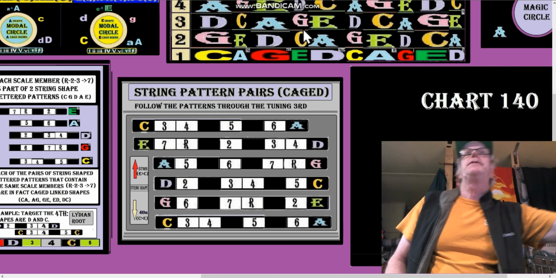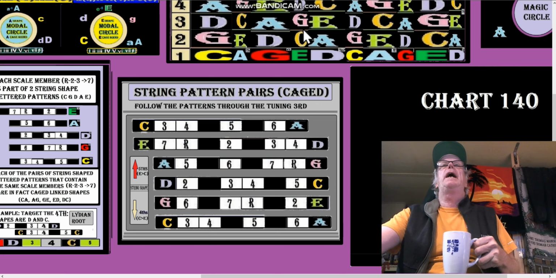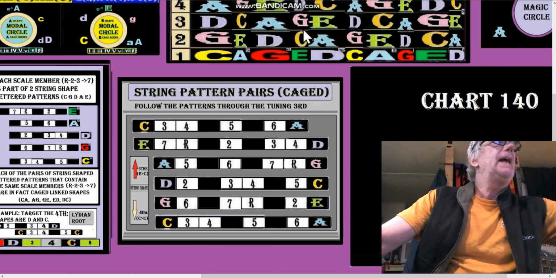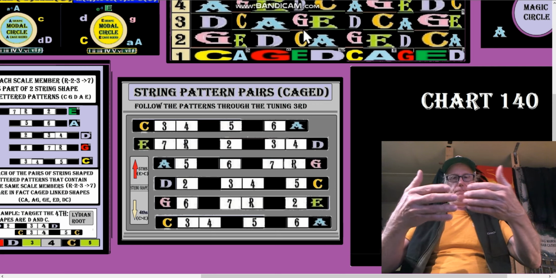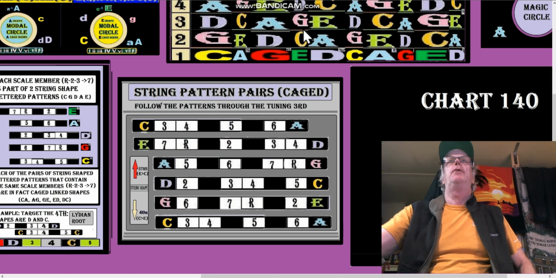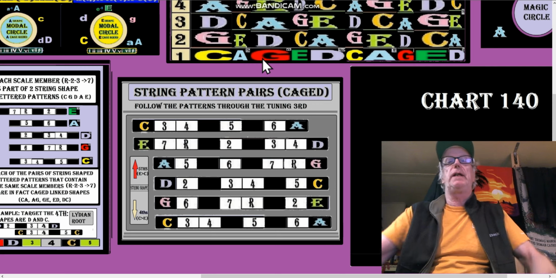So where it gets interesting is when we look at the caged relationship, and that is where the cages overlap. Now, when we're going in fourths like this one, the G and the C, the big ones, do not overlap.